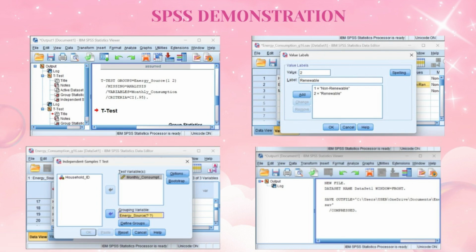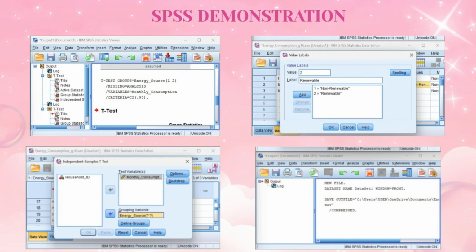After entering all the required information, we click the OK button to generate the analysis output. From the output, we obtain important statistical values such as mean, variance, t-statistic, degrees of freedom, and p-value.